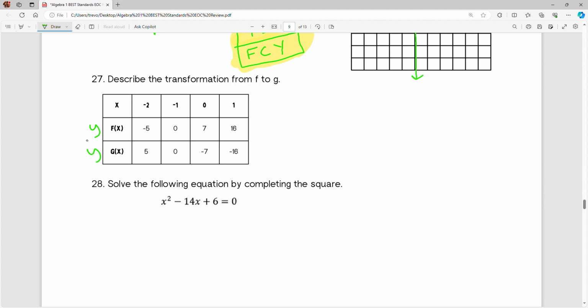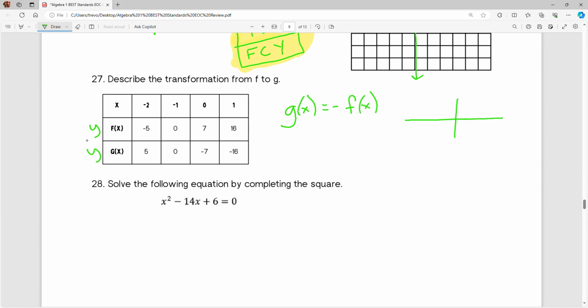So on g of x, the transformation is always opposite for the y value, which means that g of x equals f of x, but it's the negative, it's opposite of whatever the f of x is. So when you think about that, right, the x's are the same.